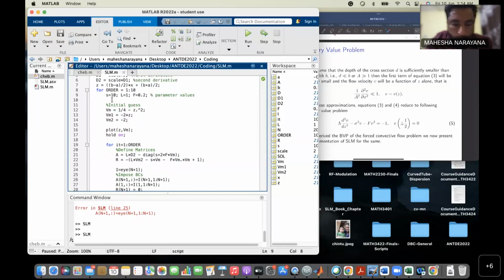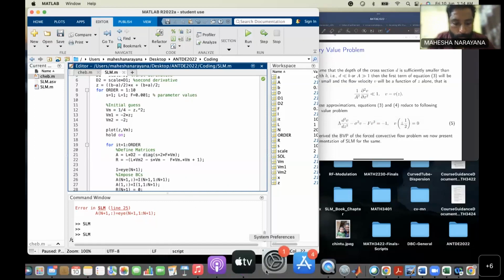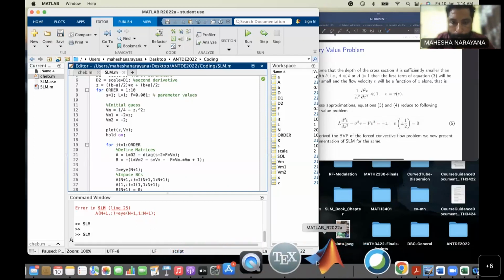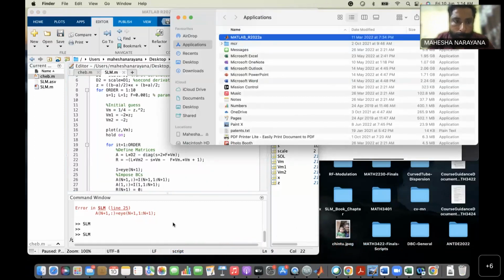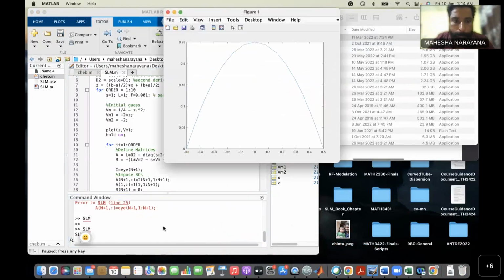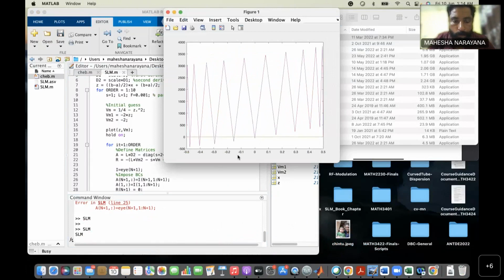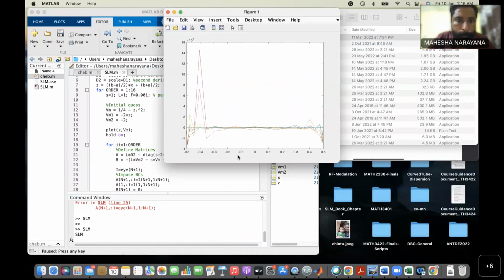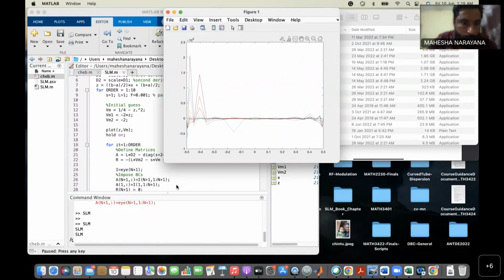Let's take S also as 1, and this to be a small number. Is this fine?